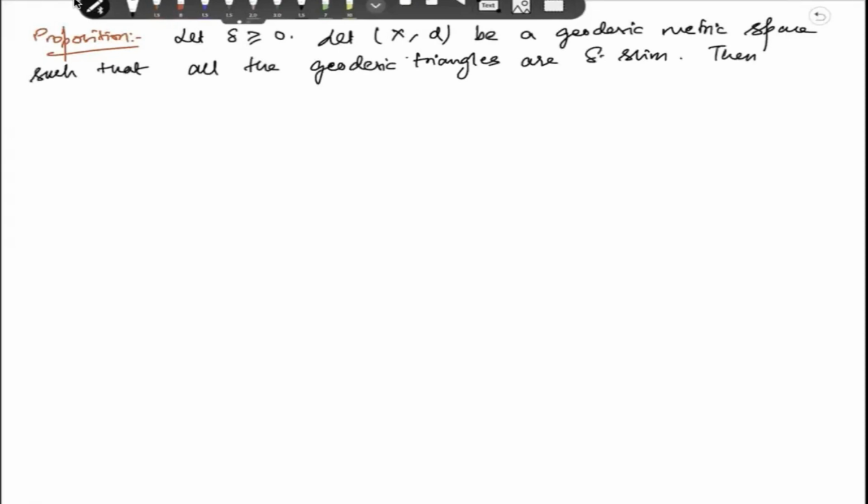Then there exists a delta 1, and this delta 1 depends on delta.